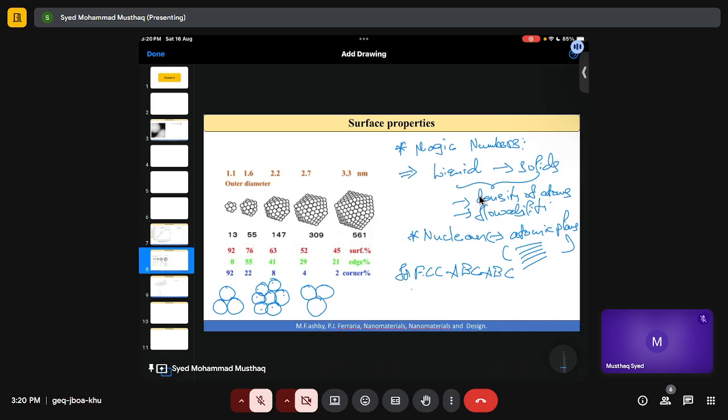That's why we call it A, B, C. On C you will get an A, again on A you will get B, and on B you will get C. That's why we call it the ABC sequence.